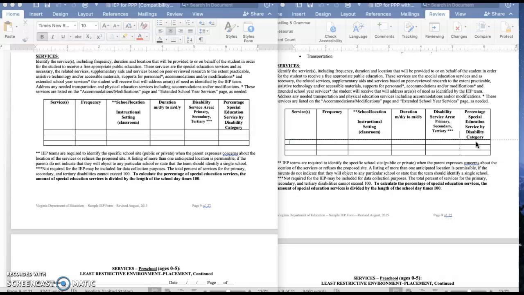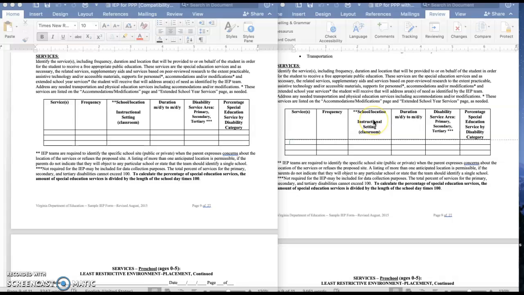So that's if a child in, say, elementary was found eligible as a child having a specific learning disability and a speech language impairment, then it would be how much of the special education services are addressing the specific learning disability and what percentage of time is addressing the speech language impairment. So this is not something that we really deal with in preschool special education. This would be primary for us. This would be the dates. So again, this is easy.